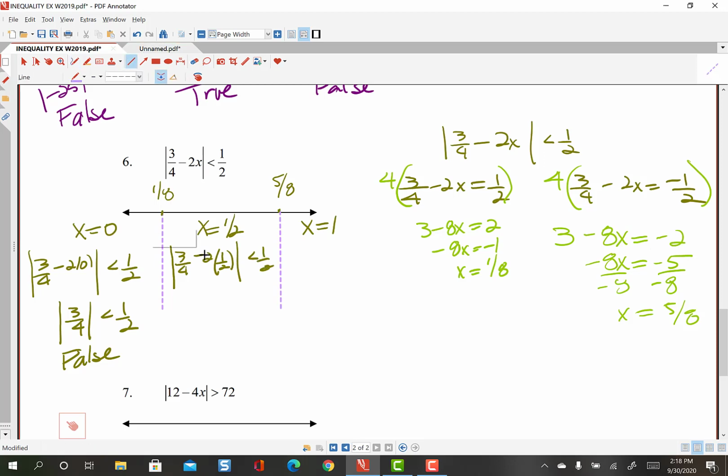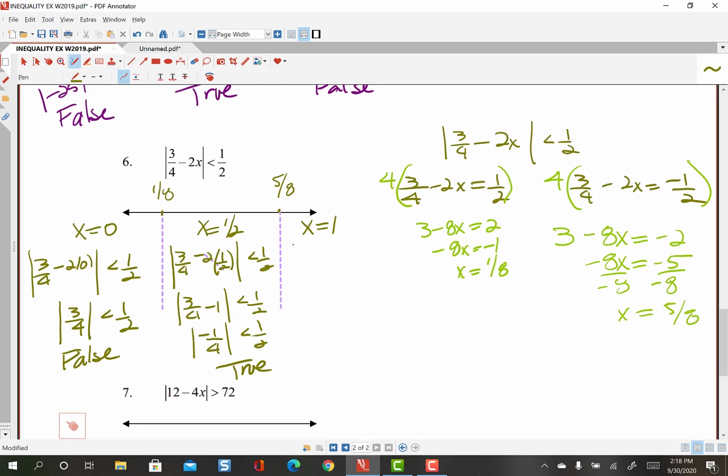These 2's are going to cancel out, so that I'm going to have 3/4 minus 1, or the absolute value of a negative 1/4 is less than 1/2. So the absolute value of a negative 1/4 happens to be a fourth, that is less than 1/2. This is going to be true.